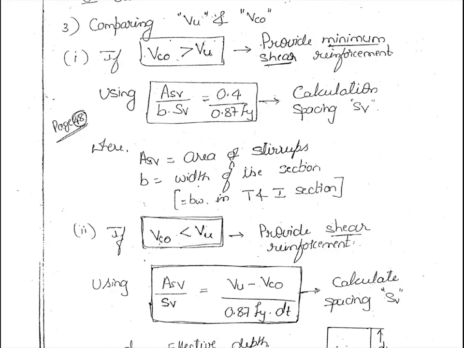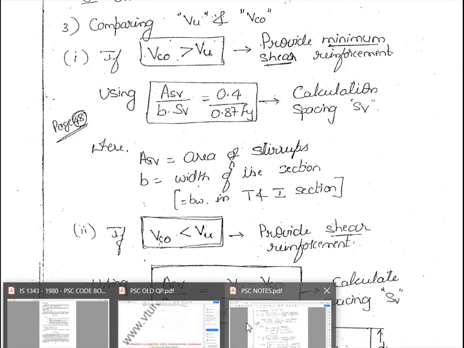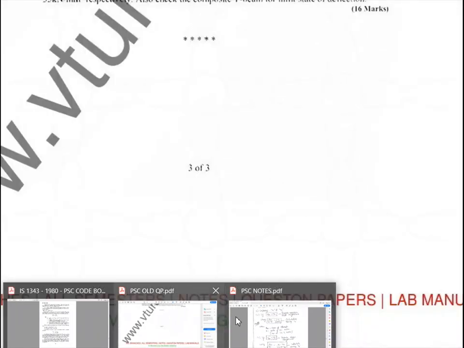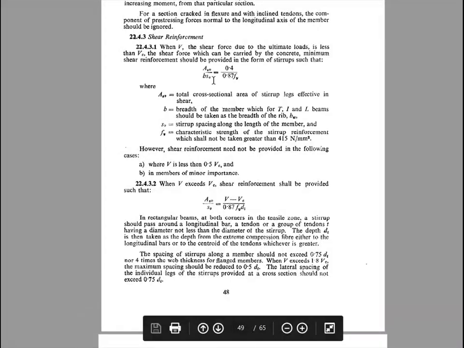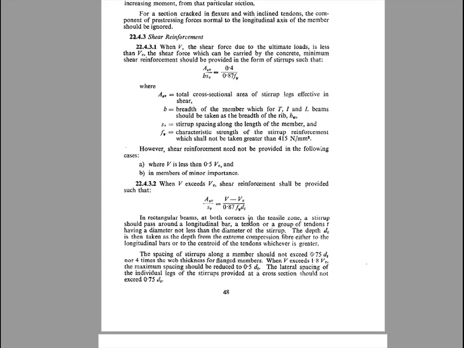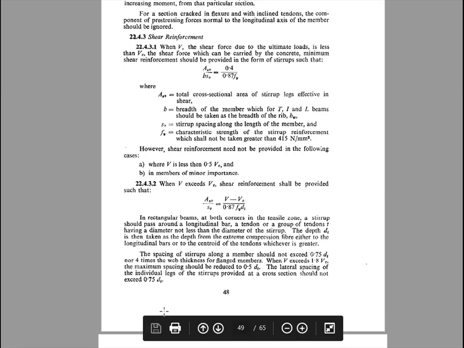You have to use the first formula, this formula, in clause 22.4.3.1. When VC0 is less than VU, what should be done? This formula, page number 48. So these are the only differences. The remaining things are also given here.